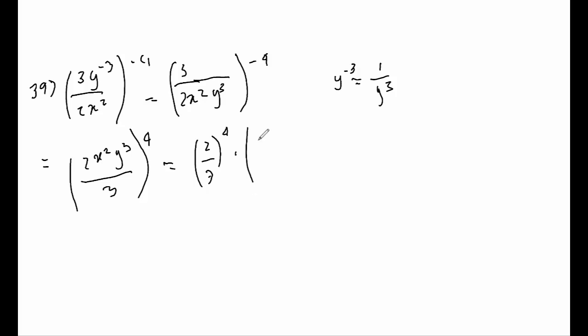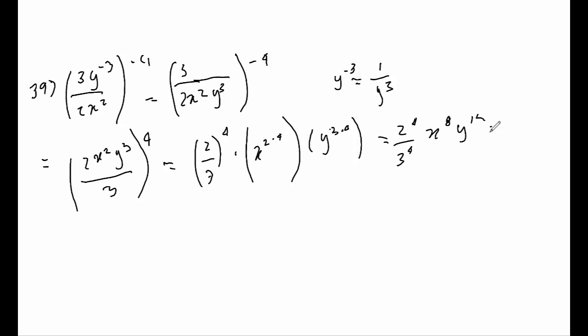And I have my x's, so here I have x squared times 4, and then I have my y to the 3rd times 4, and then I'll finish it up, 2 to the 4th over 3 to the 4th, and that's going to give me x to the 8th, y to the 12th.